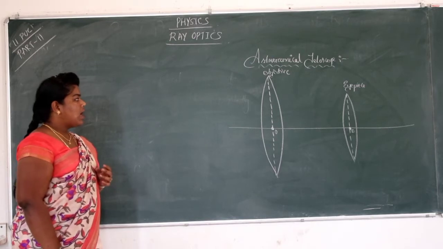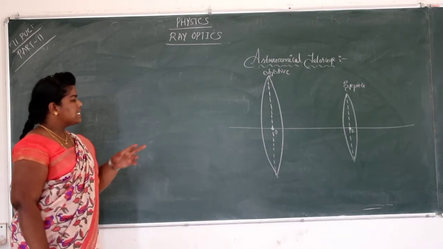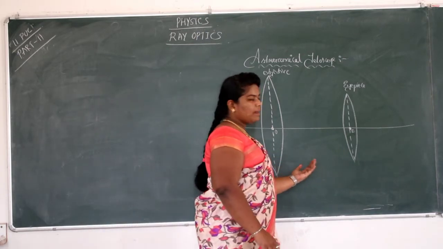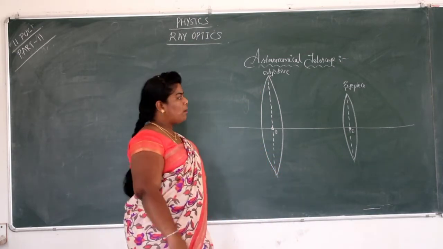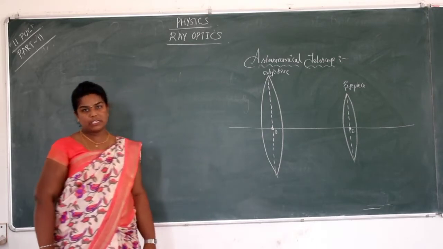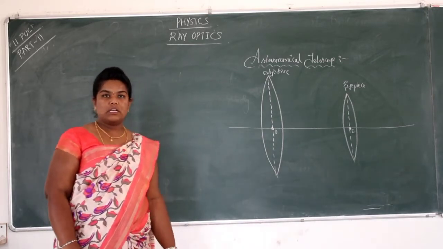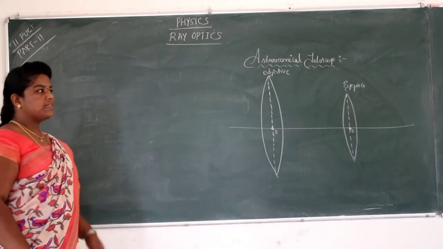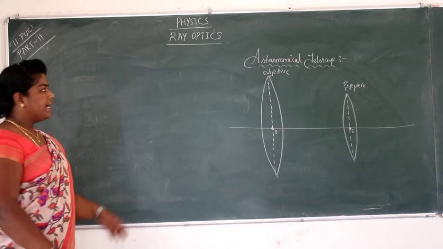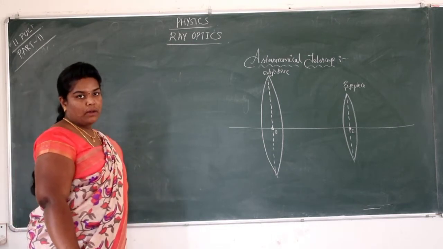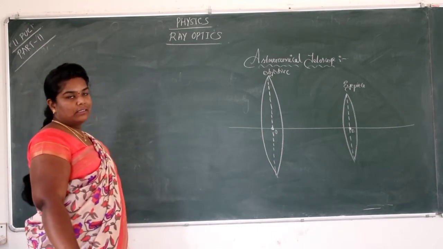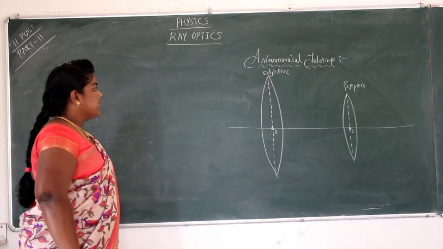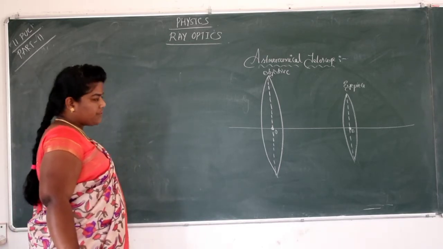And one thing you should know: the distance between the objective lens and the eyepiece can be adjusted with the help of a rack and pinion arrangement. Dear students, first write astronomical telescope, and afterwards write the definition: it is a type of refracting telescope which is used to observe distant planets, stars, the sun, etc. In the next line, write the heading Construction.